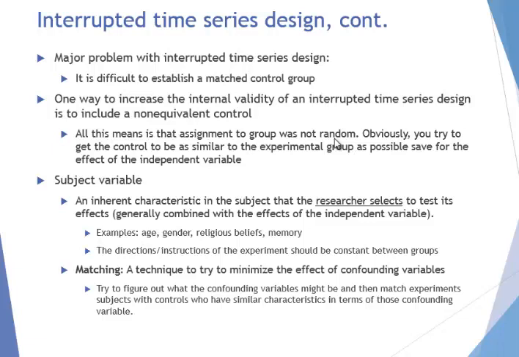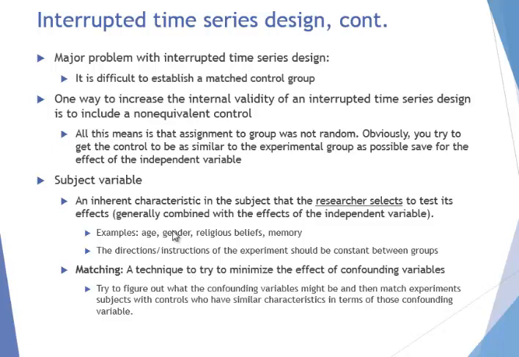The subject variable is the inherent characteristic that the researcher selects to test its effects that could be something besides the independent variable. For example, if you're testing the effects of education on income, well, obviously education would be the independent variable, the income would be the dependent variable, but then you might throw other things into the mix.